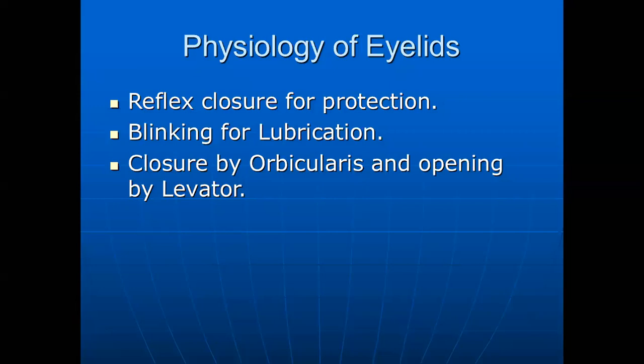The normal blinking rate is 12 per minute. So whenever a person opens and closes the eyelids, the tear film distributes over the cornea and conjunctiva, which prevents it from getting dry. It is very important for the eye to get wet every second, because dry eye is always a problem for a person.